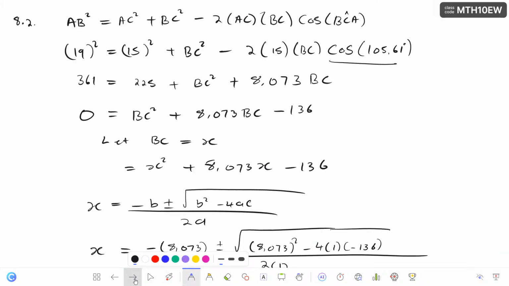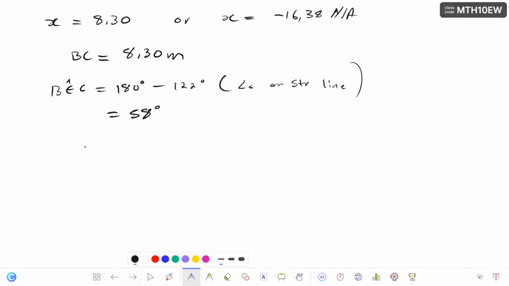So I said tan 58 degree equals 8.30 divided by EC.